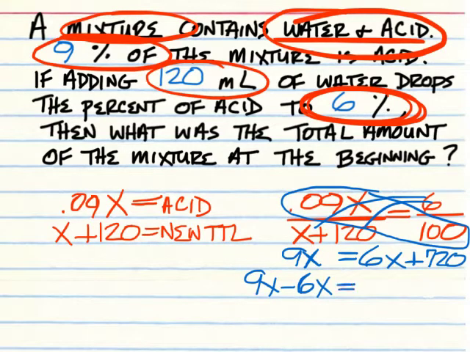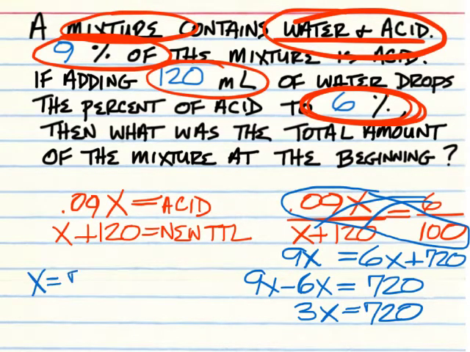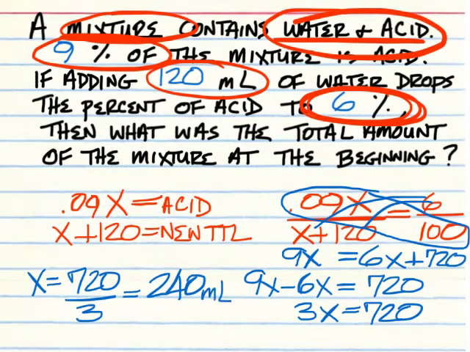Make it minus 6x. And 9x minus 6x is 3x. From there, you just have to divide. X will equal 720 divided by 3, which will come out to be 240 milliliters of water and acid that you started with at the beginning of the problem.